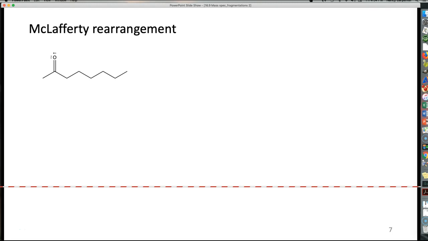This one's super cool. It again has to do with the six-membered ring transition state. So I think the take-home message here is that if your radical cation, or your odd electron, can pluck off, do a hydrogen abstraction from a hydrogen 6 atoms away, that's going to happen in a heartbeat.